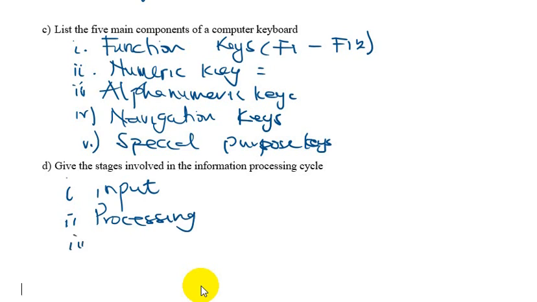Then from processing we have storage, and last but not least we have output. This is the process that data goes through before we get an output.